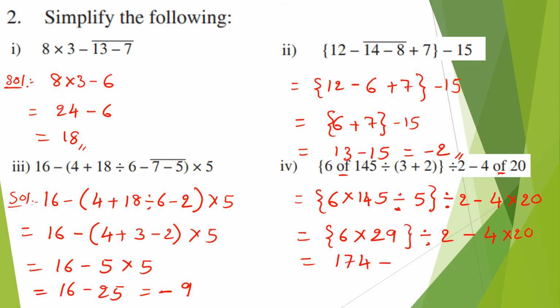So that is 174 divided by 2 minus 4 20s, which are 80. 174 divided by 2 is 87. 87 minus 80, how much is it? That is 7. So that is the answer, children. Like that, we use the BODMAS rule and do problems like this.